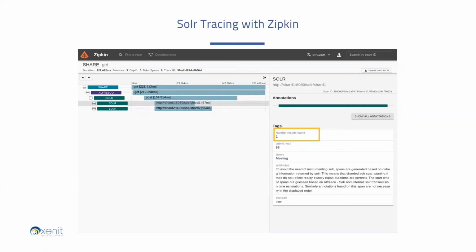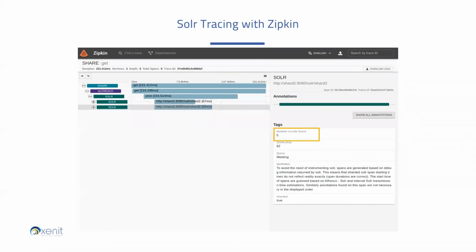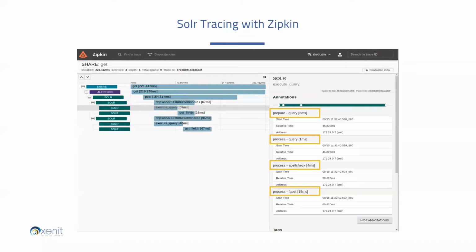The query was about a meeting, and this is a sharded setup. The other shard took more time. Fortunately, that's logical because it returned 5 results, which is not en masse either, but still, it took 82 milliseconds to return that result, which you see in the yellow rectangle highlighted there.